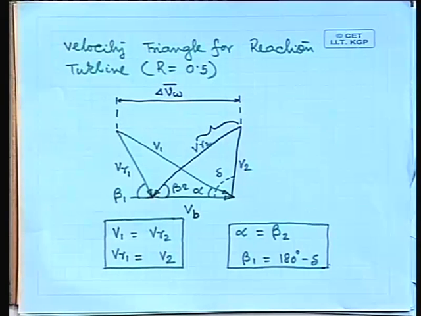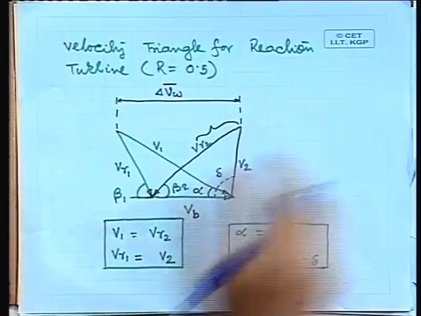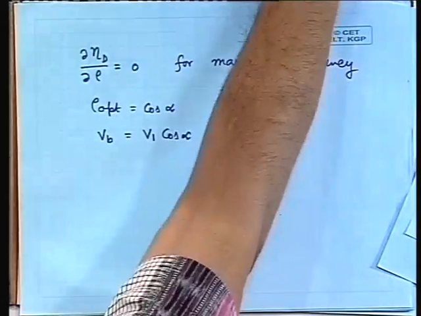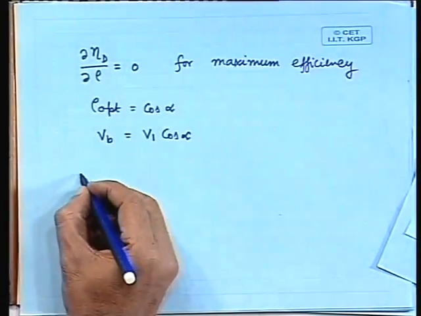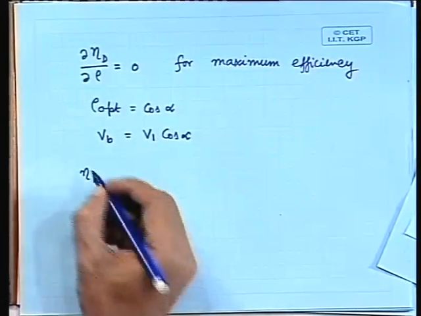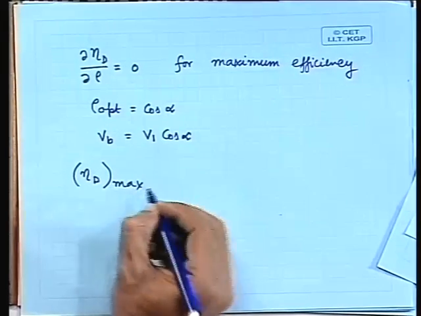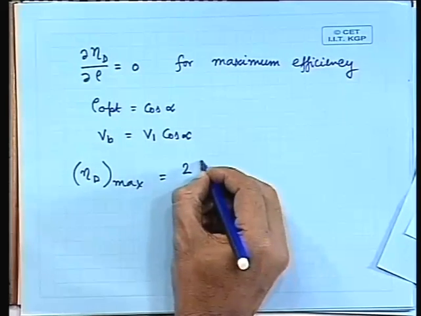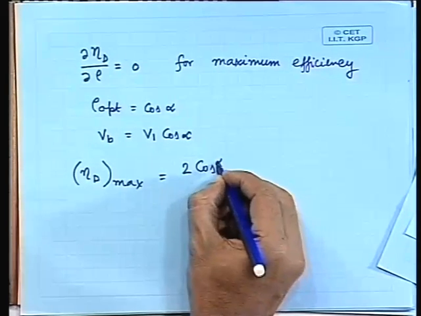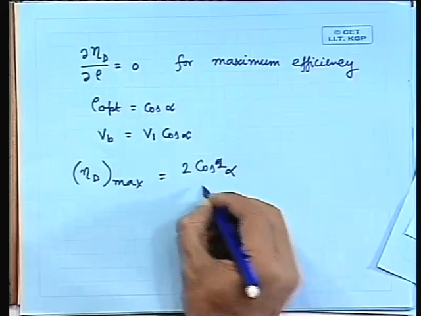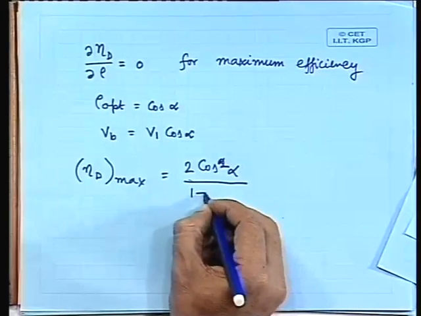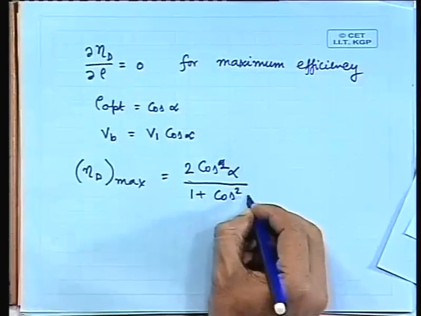So, we will have eta d maximum equal to twice cos square alpha divided by 1 plus cos square alpha.